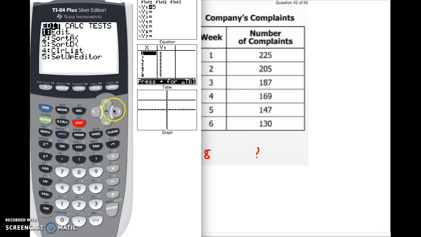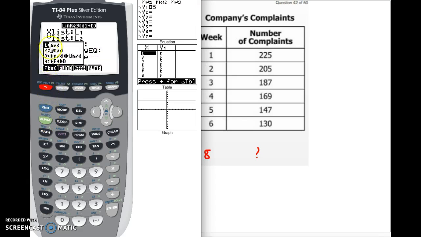And we're going to go stat, over to calc, and I'm going to do my linear regression again. Now, if you can remember, and I'm going to show you both ways in case you forget, before you go past this store regression equation, this stands for store regression equation. Remember I said that that nice fraction is hiding up here in alpha y equals?